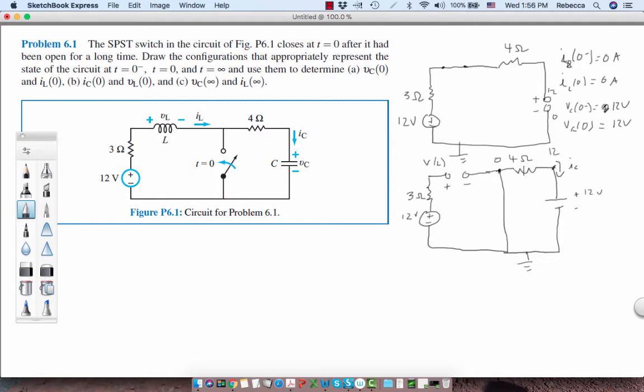So the current across this resistor is the same as the current through the capacitor. So IC of 0 is going to be the change in voltage, 0 minus 12, over the resistance, which is 4, or negative 3 amps. So that equals IC of 0.